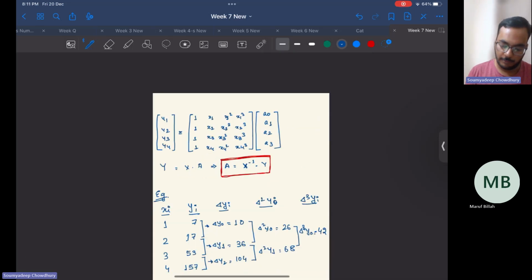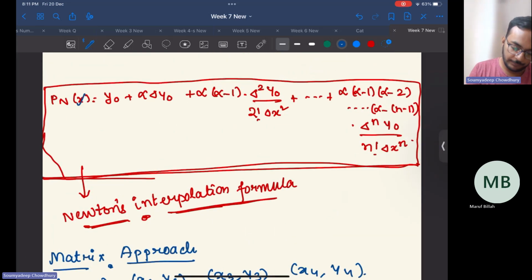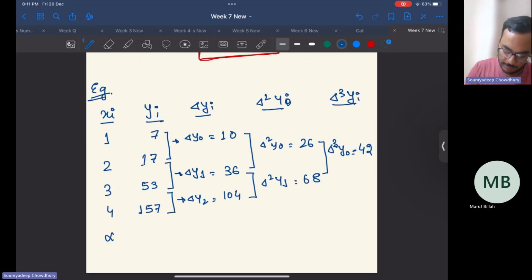So what was my formula? For this we need alpha. Alpha is x minus x naught upon delta x. Here x naught is 1 and delta x is 1, so alpha is basically x minus 1.